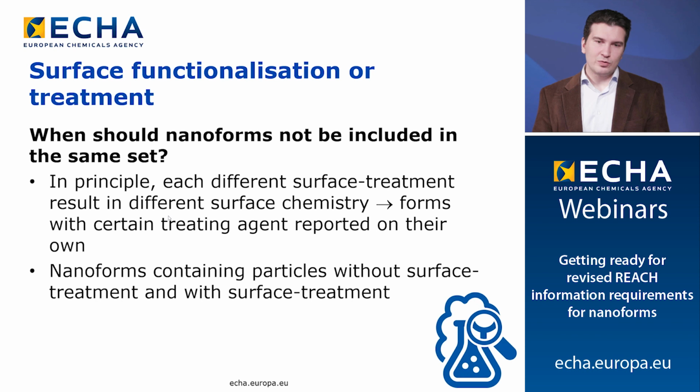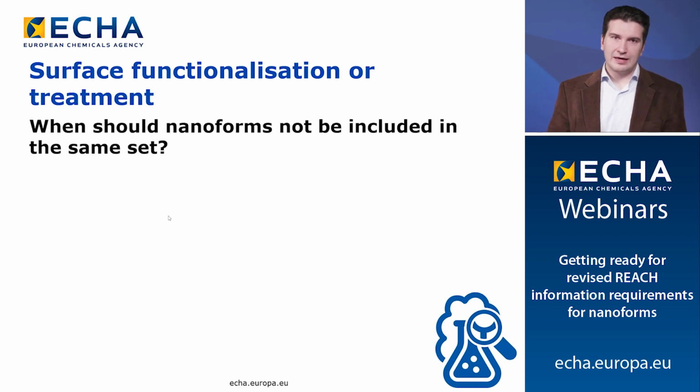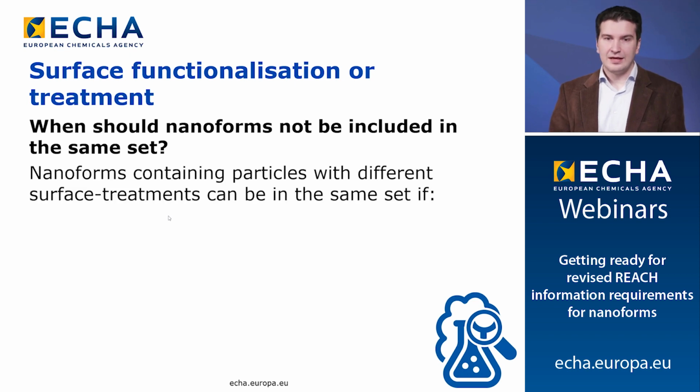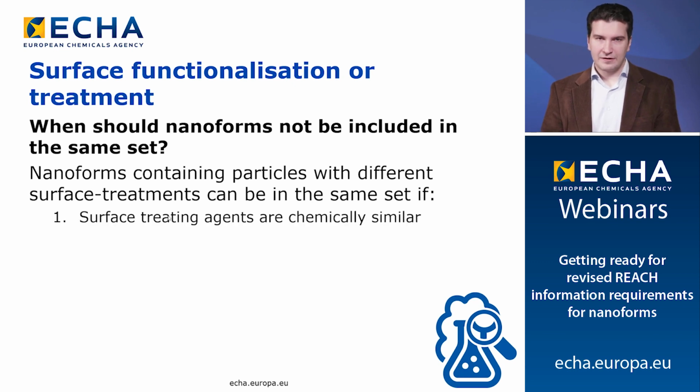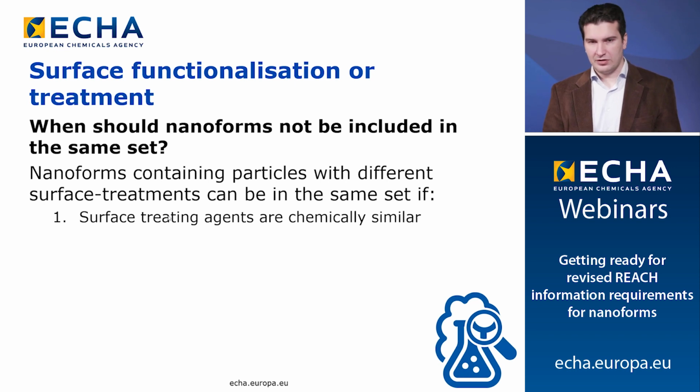What you should never do is report nanoforms that have surface treatments together in the same set as nanoforms with no surface treatment at all. Now, having said that, you can actually put different nanoforms with different surface treatments into the same set if you obey certain rules. The first thing that you should pay attention to is you should make sure that the surface treating agents are chemically similar to each other.